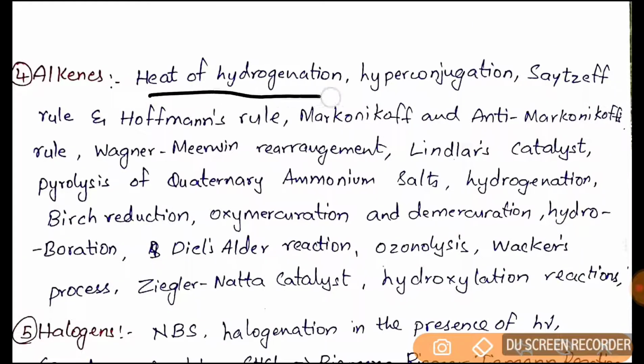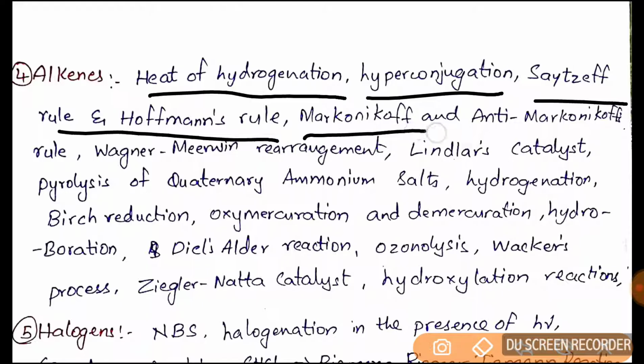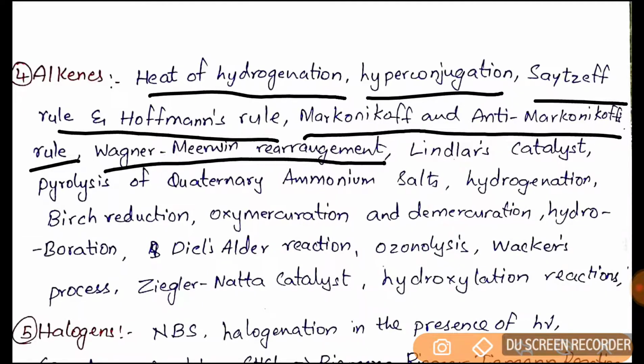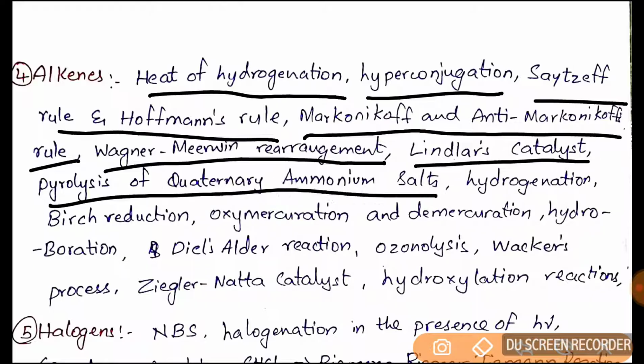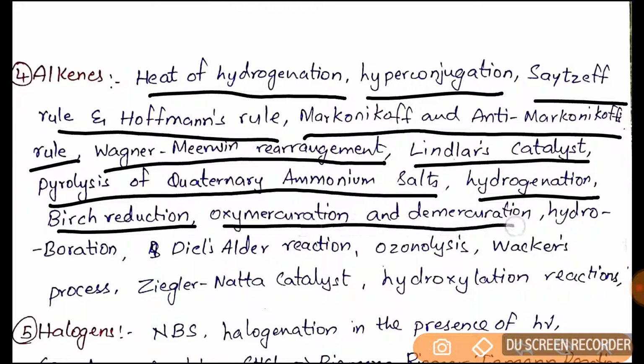In alkenes, heat of hydrogenation, hyperconjugation, Saytzeff rule and Hofmann's rule, Markovnikov and anti-Markovnikov rule, Wagner-Meerwein rearrangement, Lindlar catalyst, pyrolysis of quaternary ammonium salts, hydrogenation, Birch reduction, oxymercuration and demercuration, along with hydroboration. These areas are important, guys.